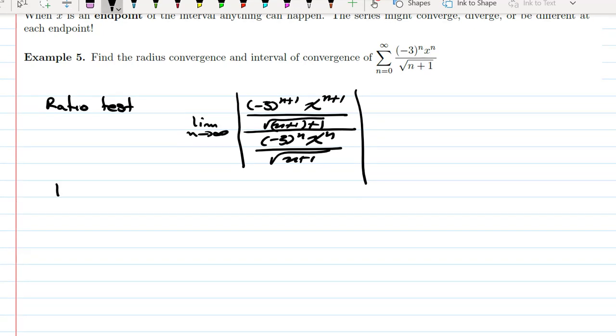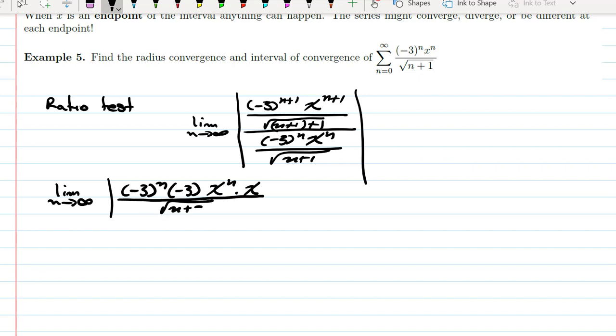So once again, expanding and multiplying by the reciprocal, we have (negative 3)^n times negative 3, x^n times x, all over the square root of n plus 2, times the reciprocal, the square root of n plus 1 over (negative 3)^n x^n.